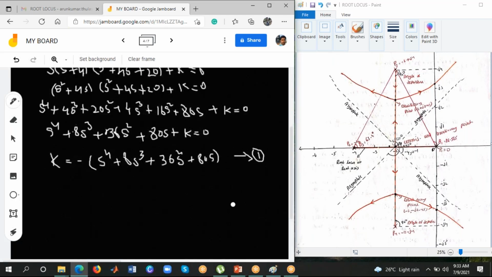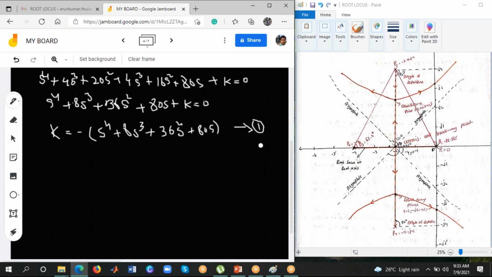We are going to differentiate equation 1 with respect to s and equate it to 0. So dK by ds equals 0.